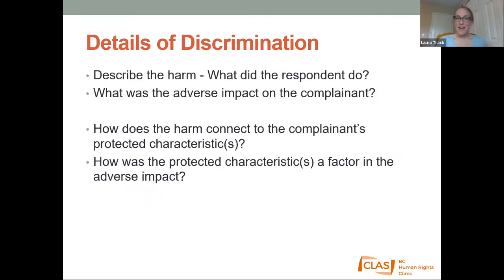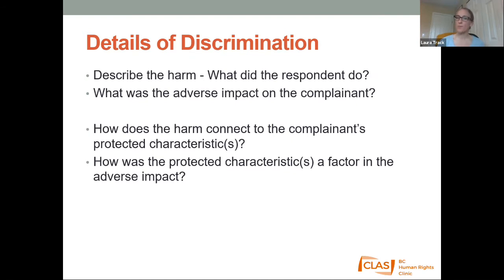The next thing that you have to do on the complaint form is describe what happened and share the details of the discrimination. And there's really no magic to this beyond telling the story in a clear and understandable way that really highlights what about your identity was treated badly. What was the negative thing that happened?